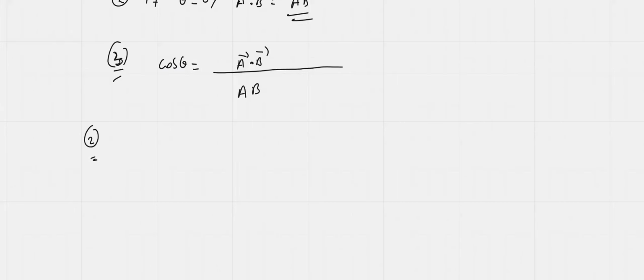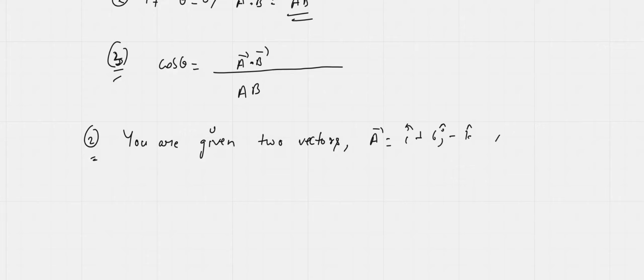Second problem. You are given two vectors. Let's say A is equal to i plus 6j minus k, and B I can take as 2 times j plus 3 times k minus 2 times i.